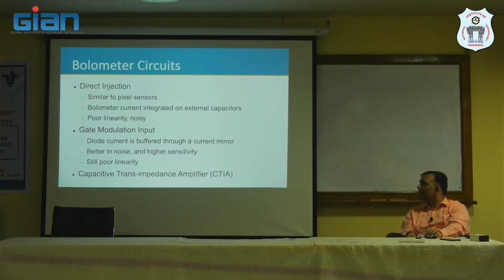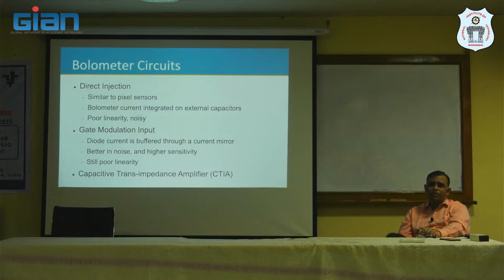If we are using a bolometer based on another material, not a diode-based one, then you have to build an external capacitor to integrate that charge on. Such devices can be made. They have been seen to have poor linearity and they are a bit noisy.